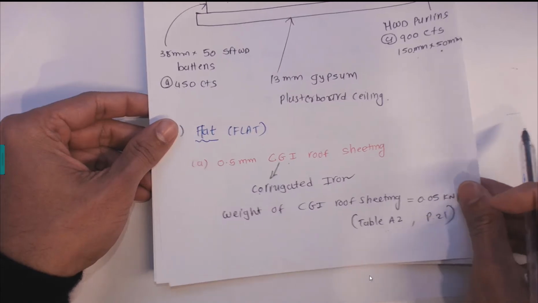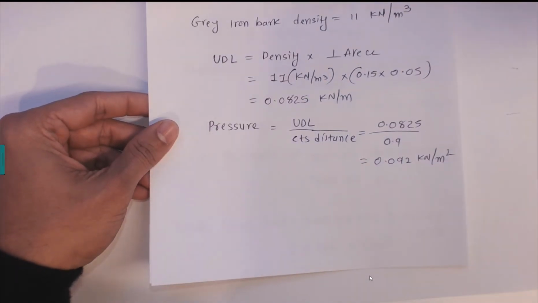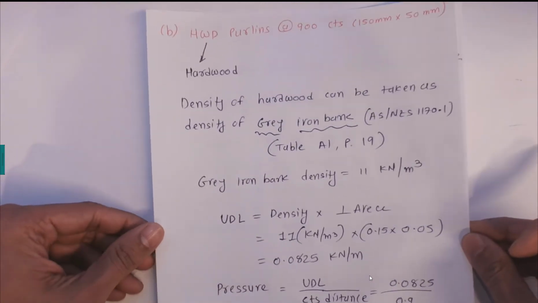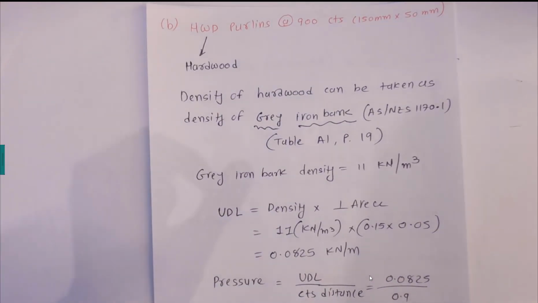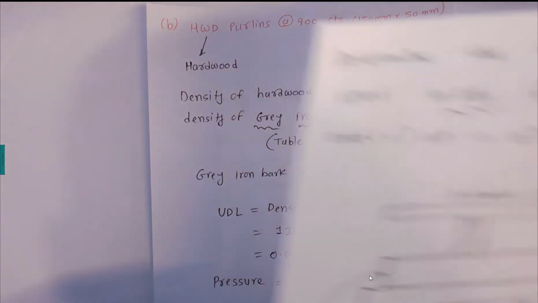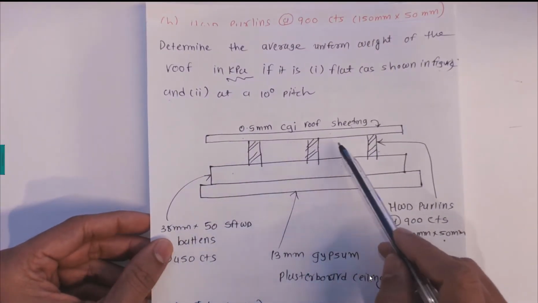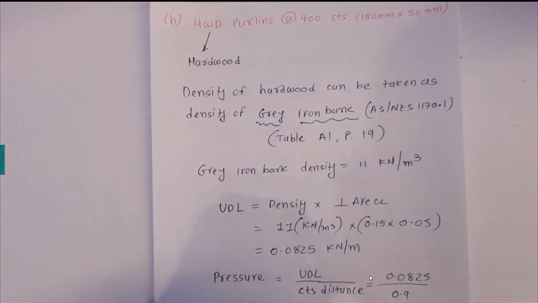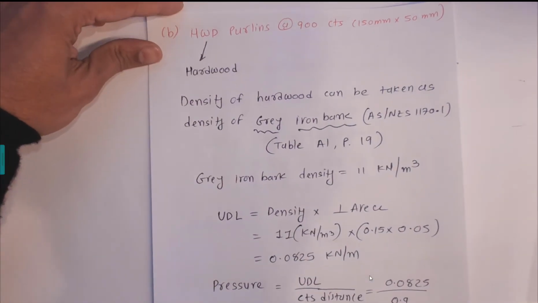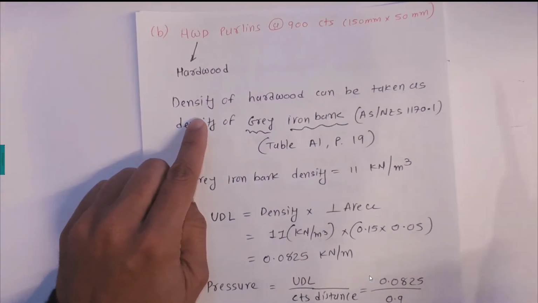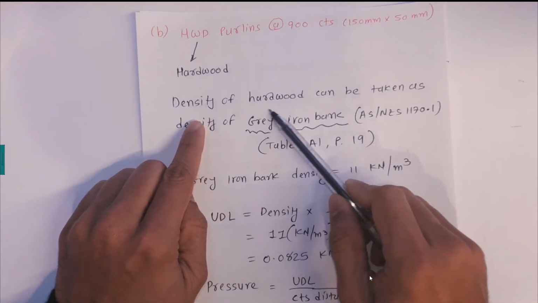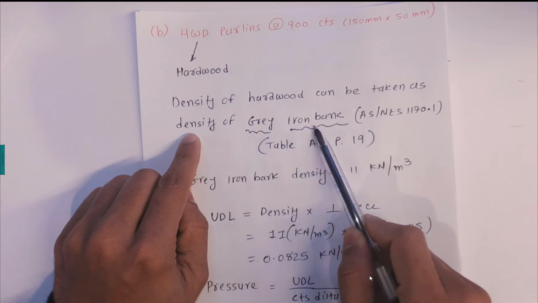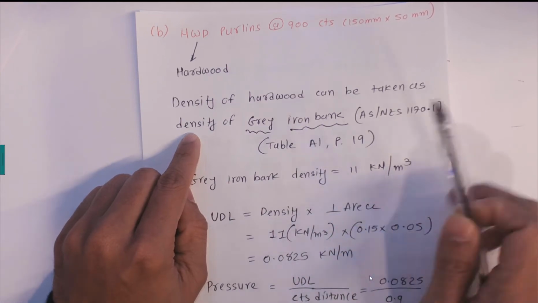Now we can work out the second layer of the example, which is the hardwood purlin. I can show it here. We are talking about this hardwood purlin, the second layer. For the second layer, we need to find the density of the hardwood, and the Australian standard gives the density of grey ironbark, which is an Australian hardwood.